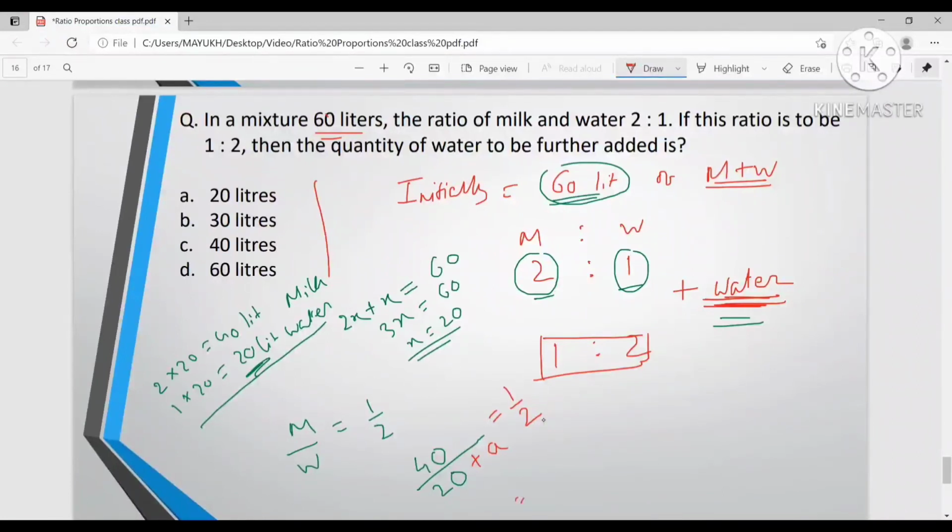Now I'll solve it. 20 plus A is equal to 80, since 40 gives me 80. Now I'll remove this here, so A is equal to 60. That means we added 60 liters of water when I was not looking.